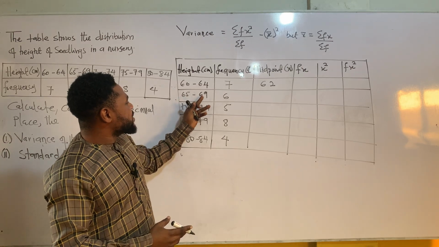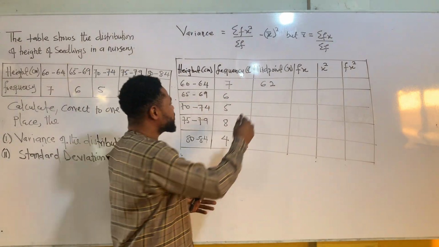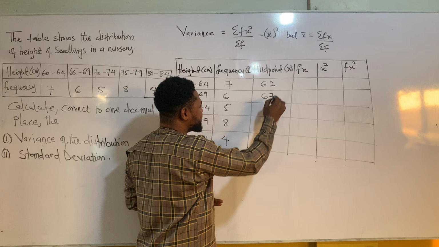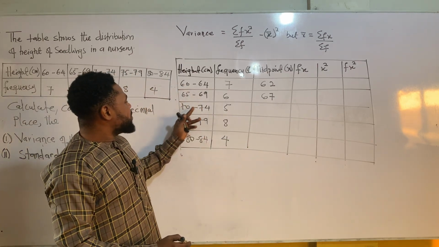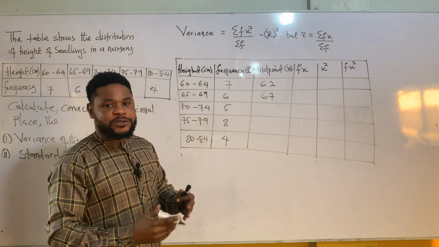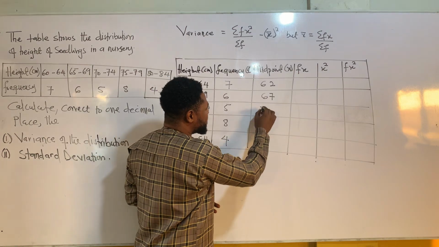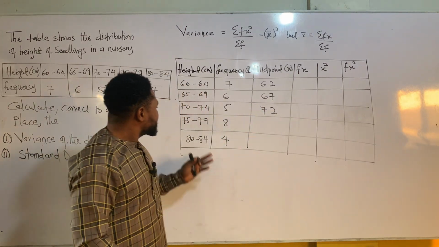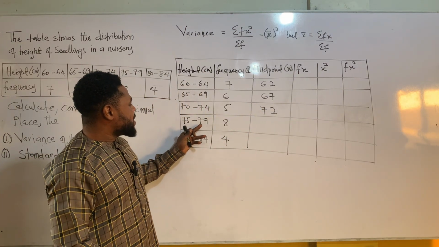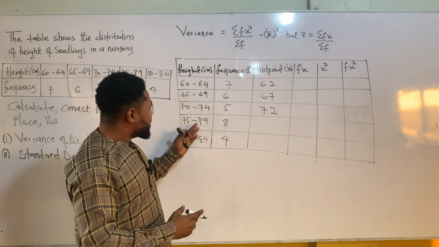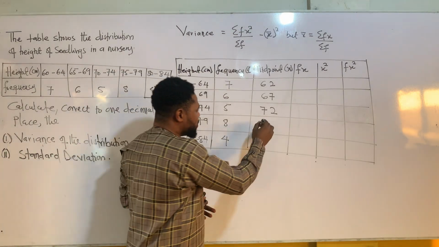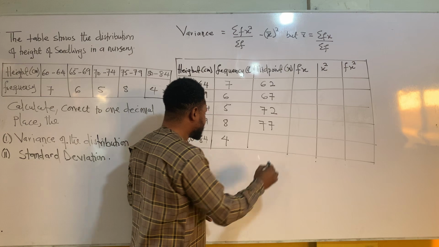65 plus 69 divided by 2, you have 67. 70 plus 74 divided by 2, you have 72. 75 plus 79 divided by 2, you have 77.